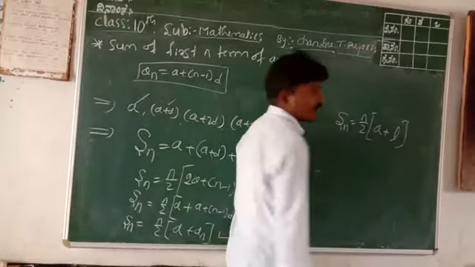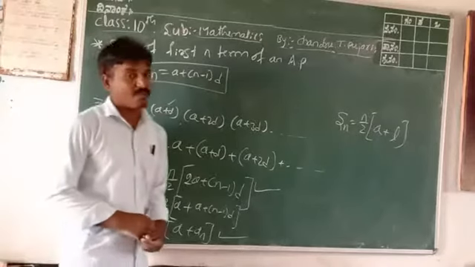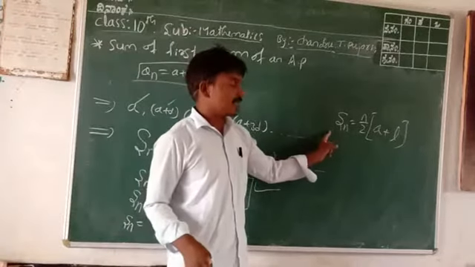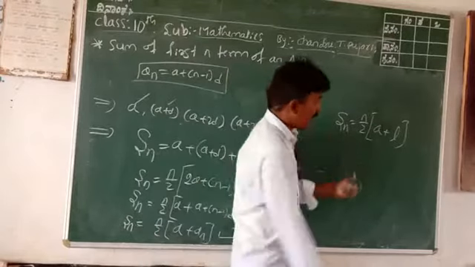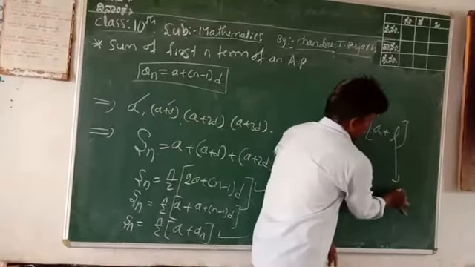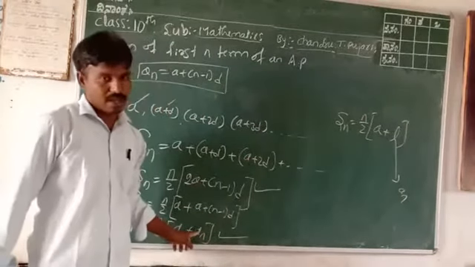This is also our sum of first n terms formula. In this formula, l is equal to an, the last term. That is the formula. Got it?